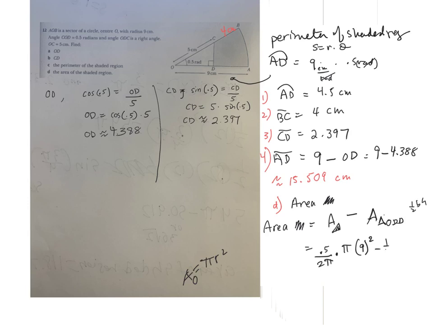So that's one half, the base is OD, which is 4.388. And then the height is CD, which we actually found already, 2.397.